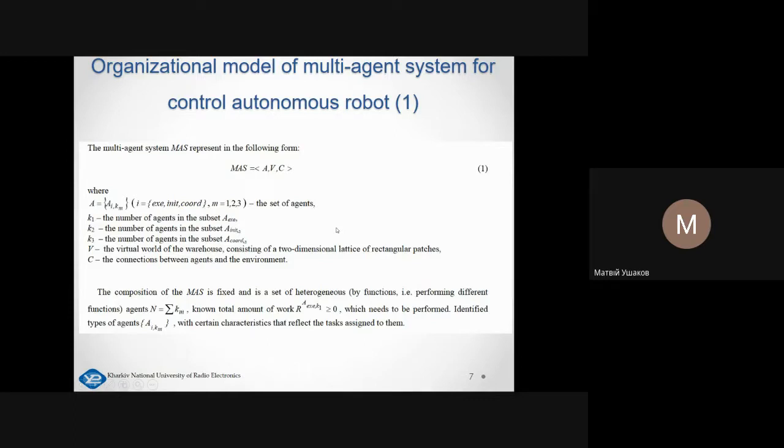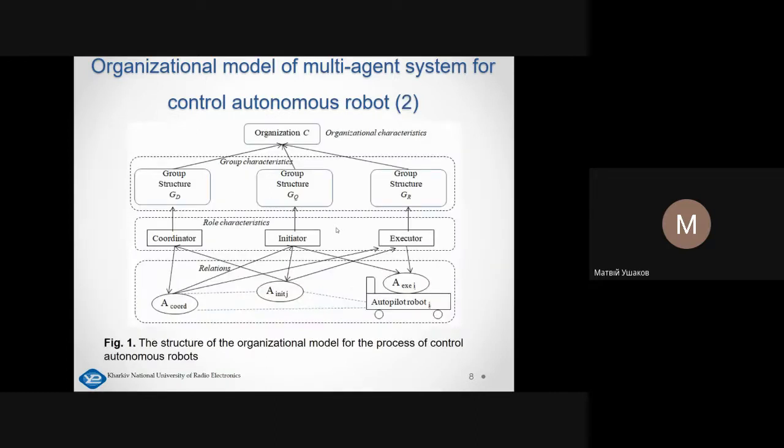We use the MAS, multi-agent system, and it contains the set of agents, the virtual world of the warehouse, and connections between agents and the environment. To ensure distributed cooperation between agents, an organizational model is proposed, consisting of the following components. You can see it on this figure.